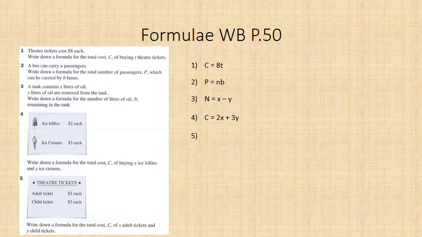And how many children tickets will be bought? It's going to be 3 times y, like y child tickets. So I will multiply by 3, so it's going to be 3y. So C, which is the total cost, equals $5 times X adults plus $3 times y child tickets.